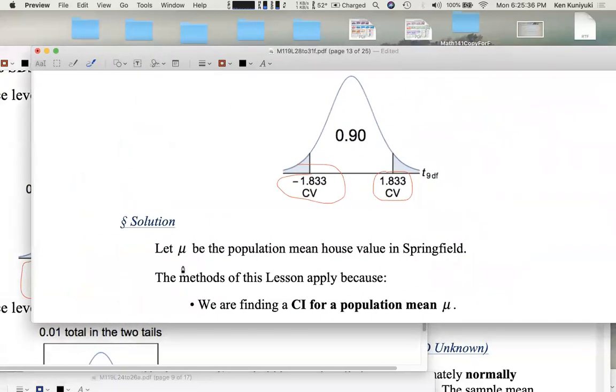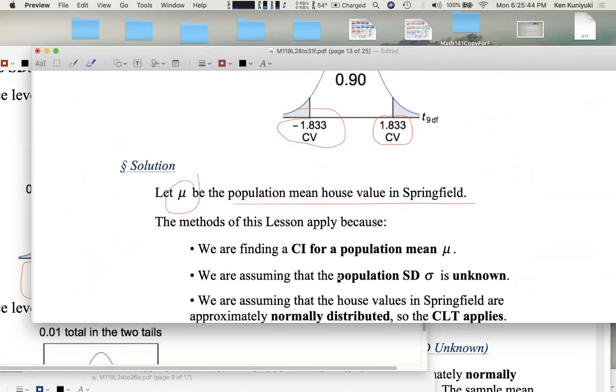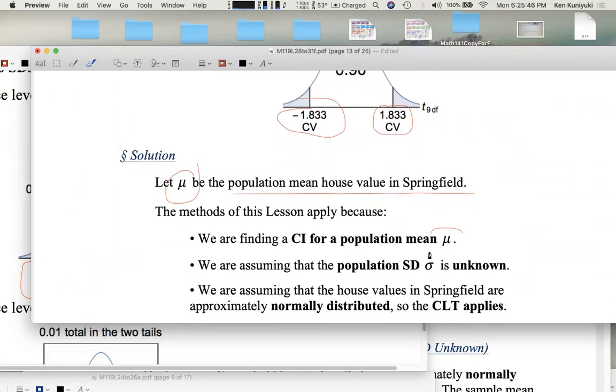Again, it's good to state what mu is. Mu is the population mean house value in Springfield. The methods of this lesson apply because, first of all, we're finding a confidence interval for mu, a population mean. We're assuming that the population standard deviation sigma is unknown, so we're using lesson 29, not lesson 28. We're using a t-distribution, not the z-distribution.